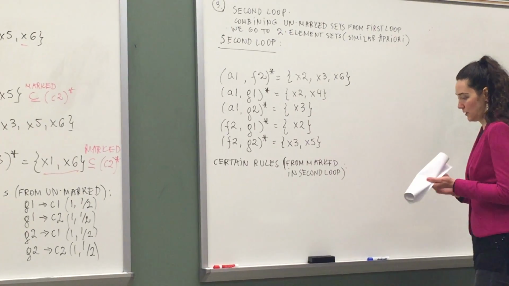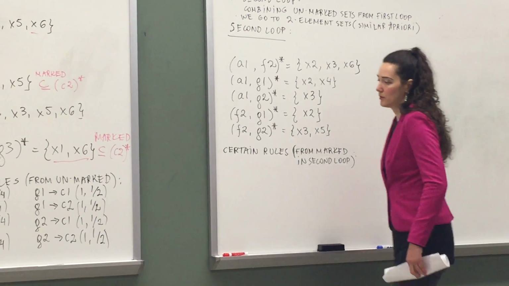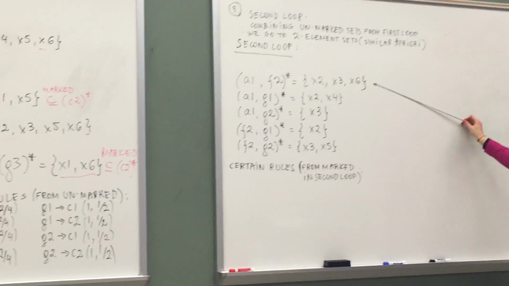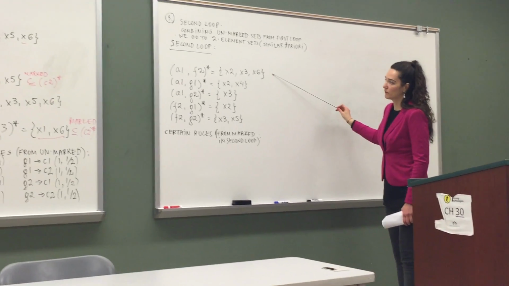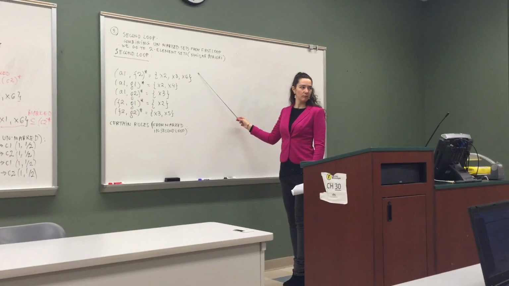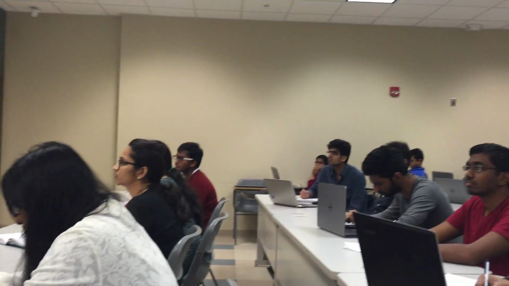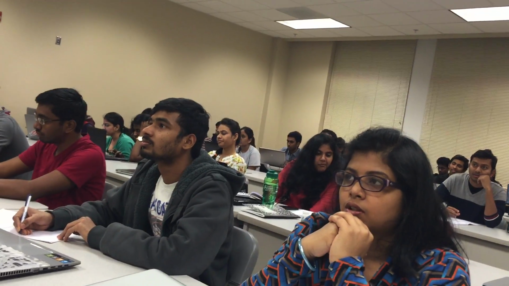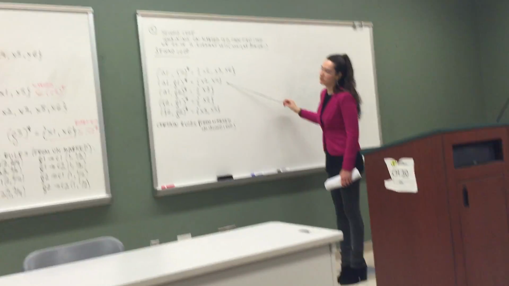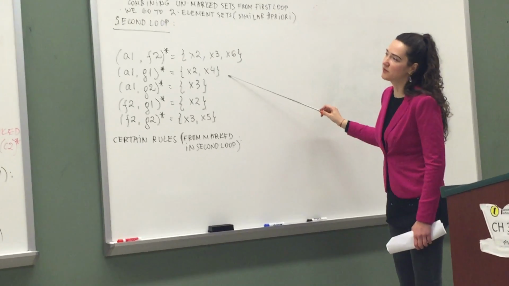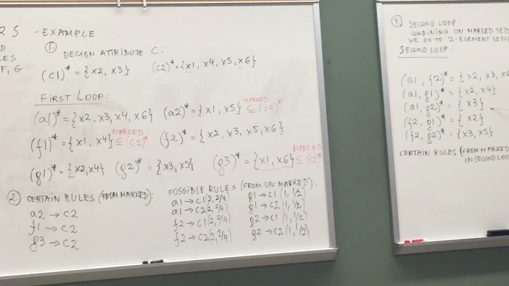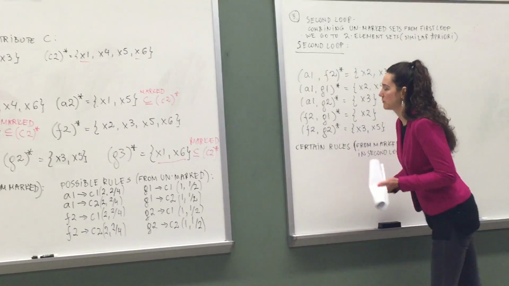Which ones are marked anyway? Is this set marked? We are looking for subsets of the decision attribute. Is this one a subset of either C1 or C2? No, so it's not marked. Is this one a subset of C1? No. Is it a subset of C2? No. How about this one? Subset of C1. So this one is marked.